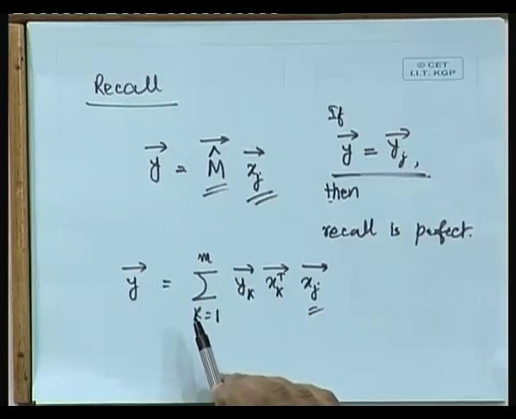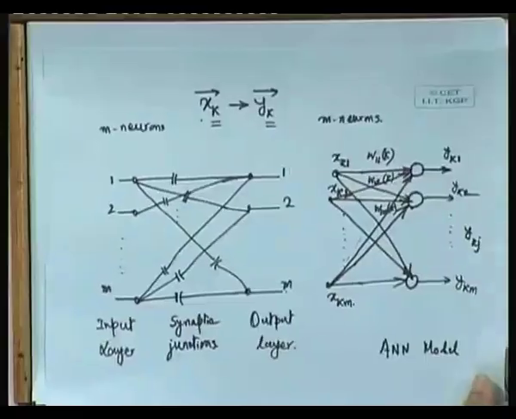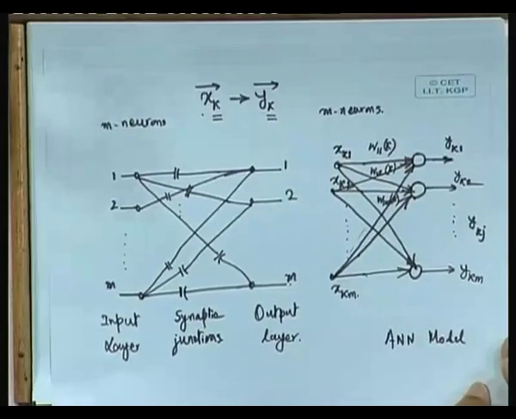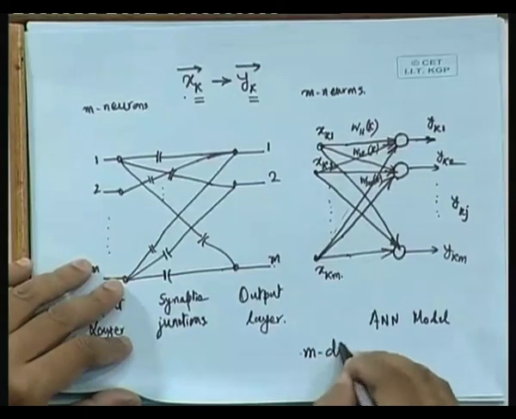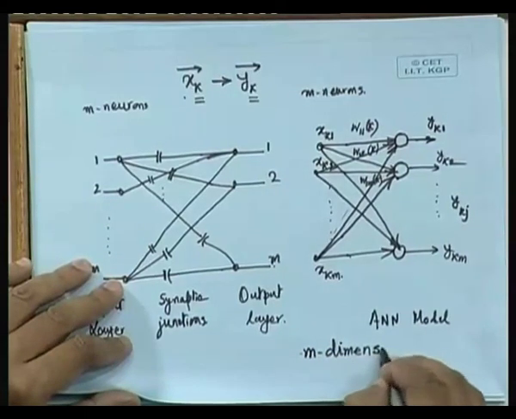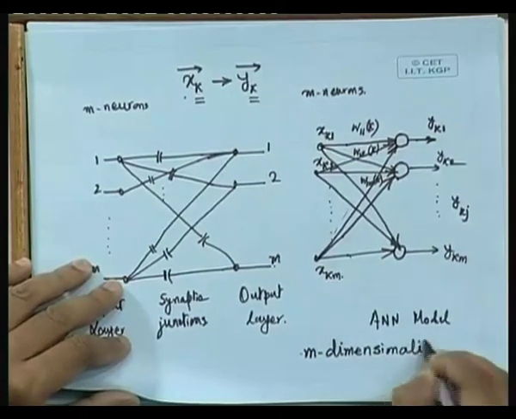And what is m? You remember that as per our original definition, this was our associative memory model. So we had m inputs and we had got m outputs, so that we can say that this network is having an m dimensionality, and we have somehow restricted the total learning within its dimensionality.